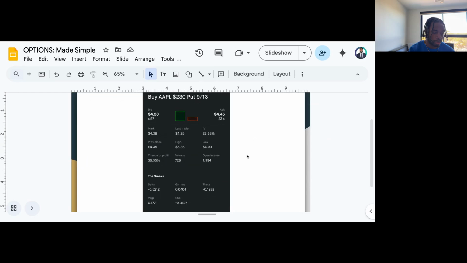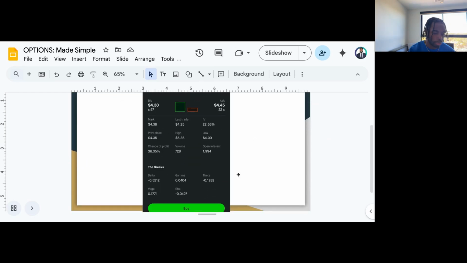If I was going to buy a put, one thing I want to point out here is your Greeks. You have your delta, gamma, theta, vega, and rho. Then you have your bid and your ask. You have your IV, and less than 50% is what we're looking for if we're swing trading. 22% IV is really good.